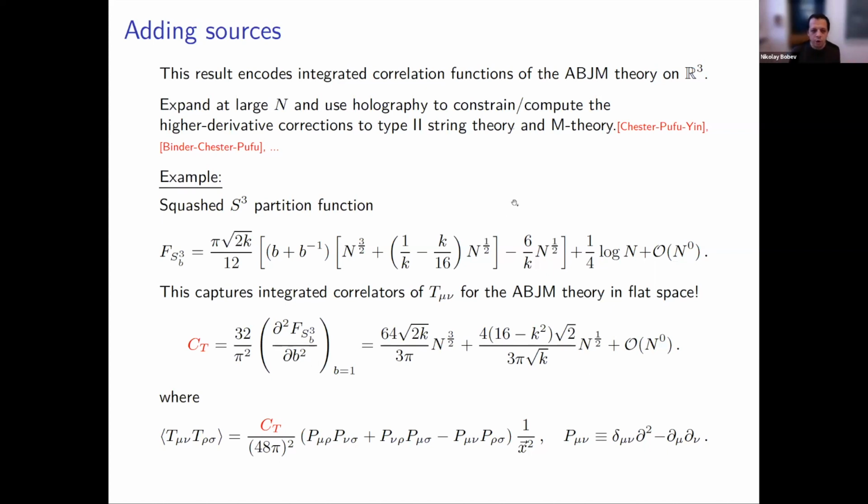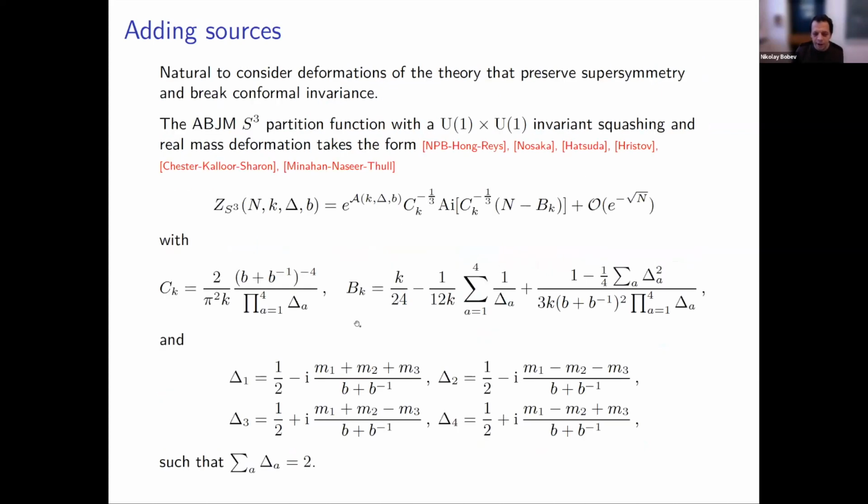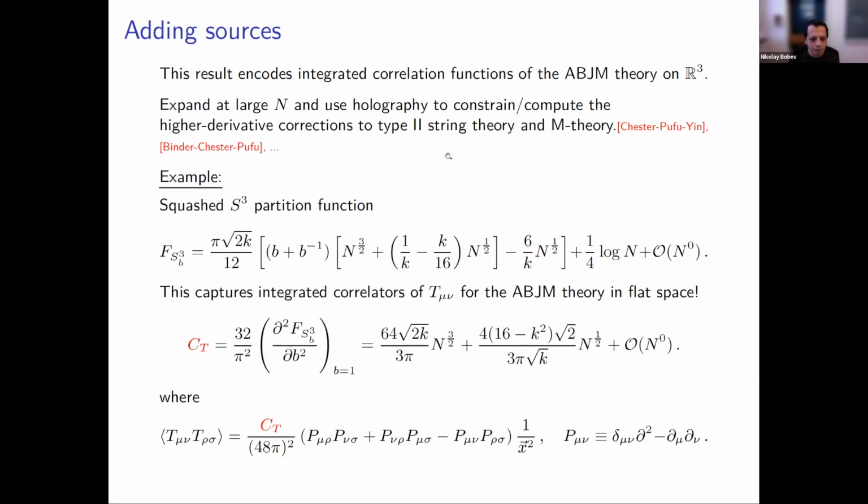So in this way, actually, there's a whole industry of trying to understand how this kind of complicated function of the sources encodes integrated n-point functions of the ABJM model. And this has been explored by these people and many others, but I don't have the time to talk about this much.